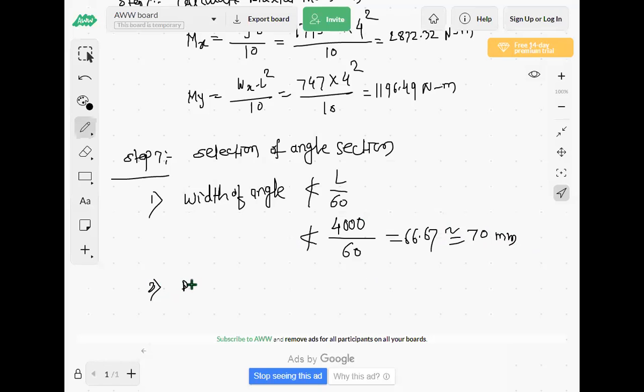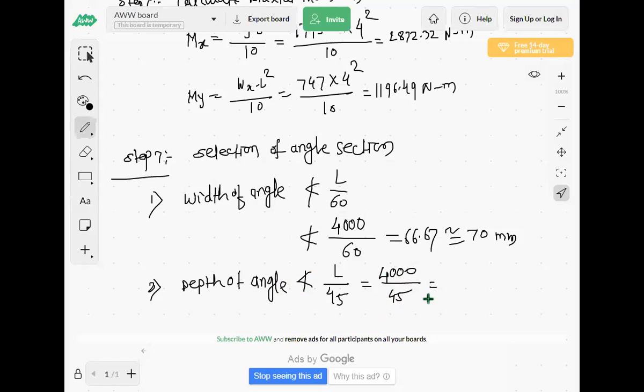Similarly, second, depth of angle. We have to calculate depth of angle, and that depth of angle should not be less than L by 45. So here L is again 4000 divided by 45. So how much depth of angle?